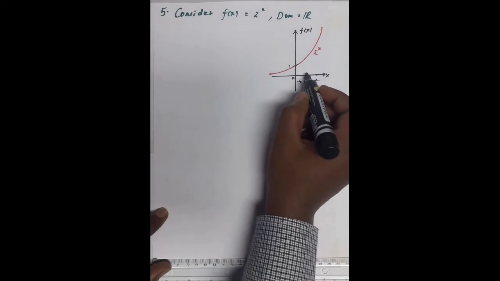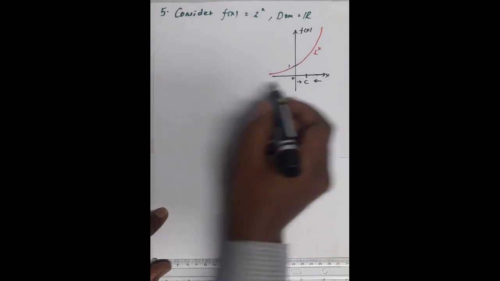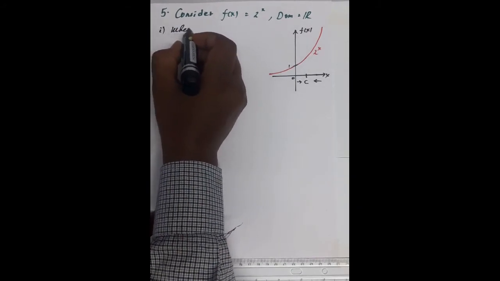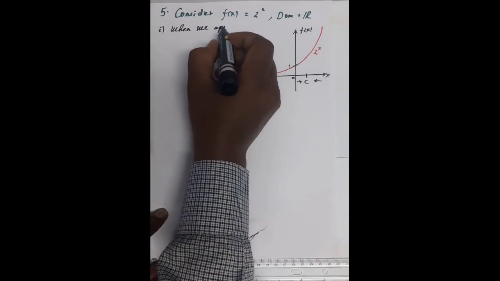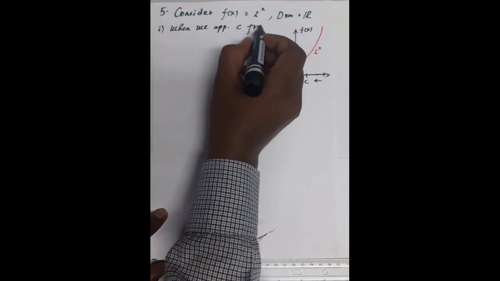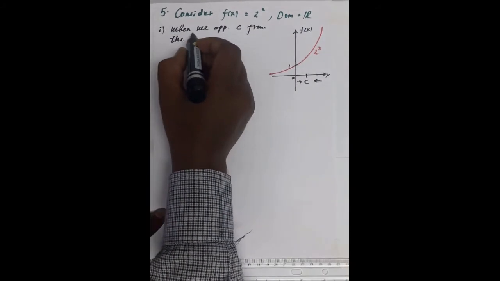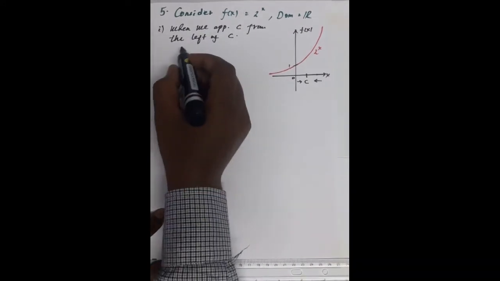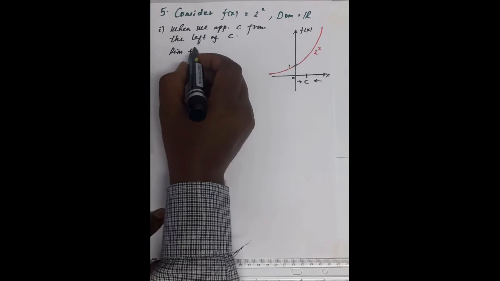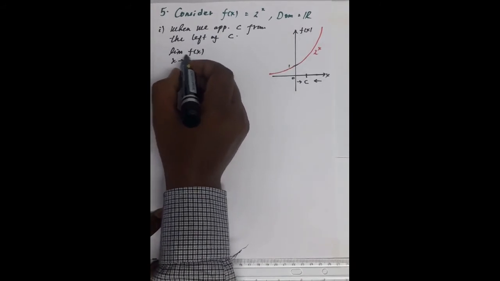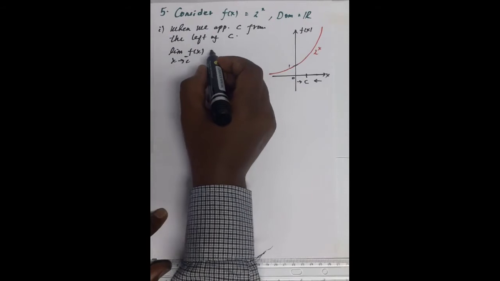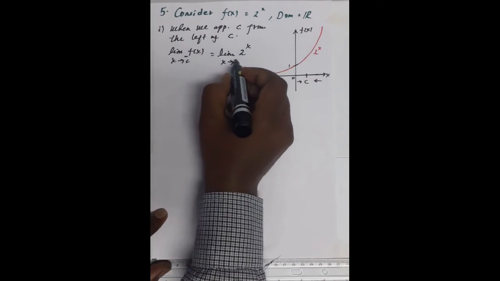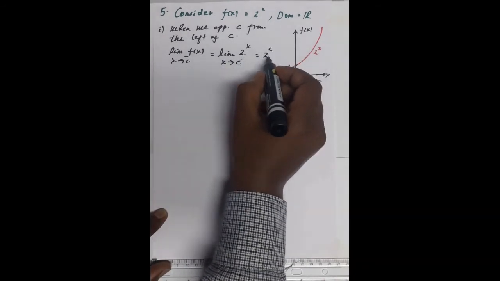And as we approach c from the right and the left, when we approach from the left of c, the limit of the function f of x as x approaches c from the left is equal to the limit of 2 to the power of x from the left, equal to 2 to the power of c.